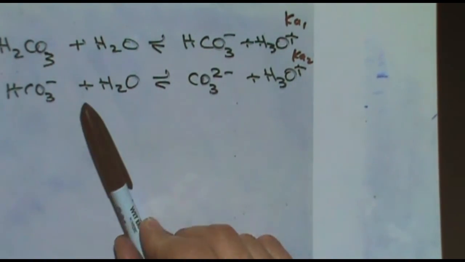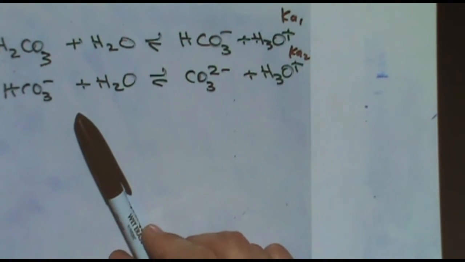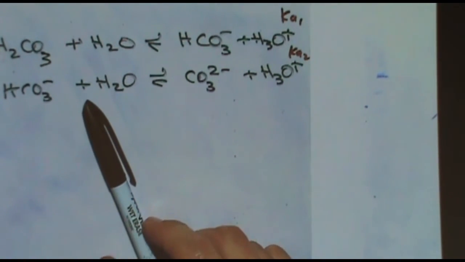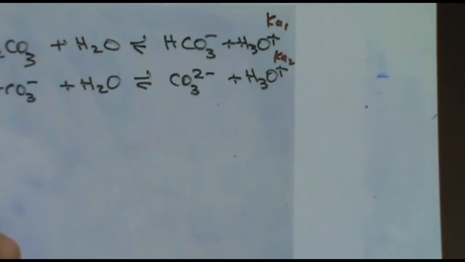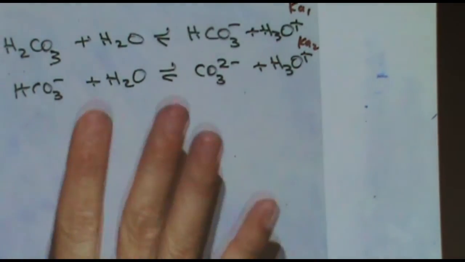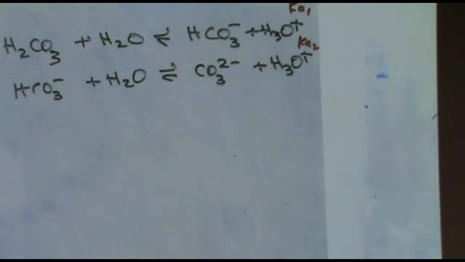Ka2 is much smaller, so the left-hand side is also favored, but even more than the top reaction. Does that make sense? So in both cases, the reactants are favored. Anything I missed there that you have a question about before I do buffers and indicators?